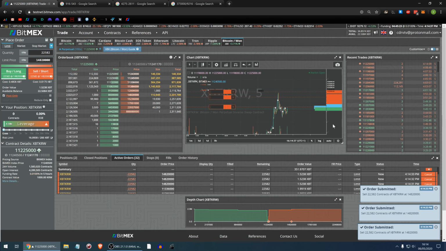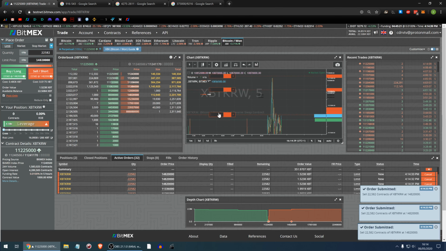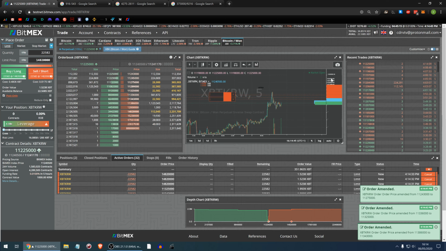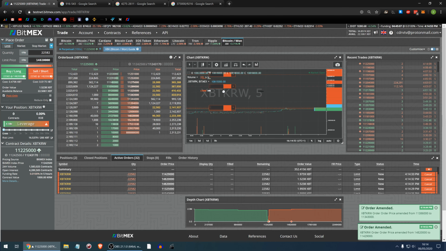And we can move them around now. Did I even submit these orders? Where are they? Again, illiquid order books. It's hard for me to get an idea how much Bitcoin is worth in Korean won. It's worth a lot. It looks like quite a bad shitcoin, that Korean won.